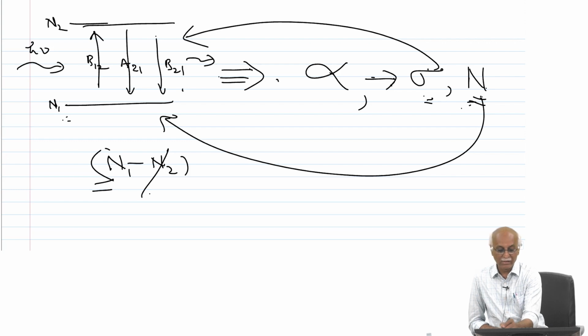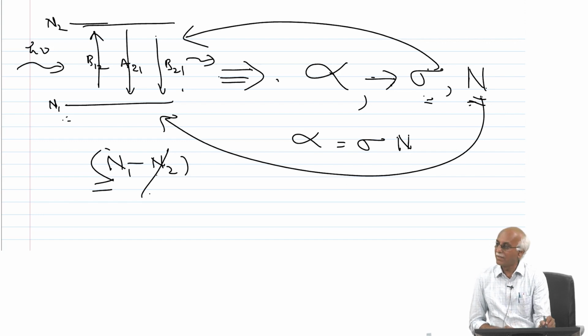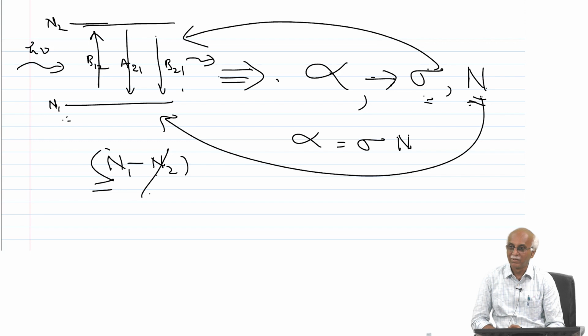They have this relationship: alpha is nothing but sigma into N1 minus N2, or n where we neglect N2. We do not consider it.